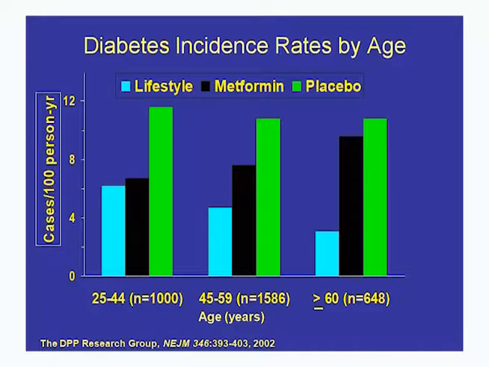When you look at people in the younger age group, 25 to 44, and you compare lifestyle with metformin, they look like they're working the same. And so one of the things that it pointed out is that maybe there are specific groups that benefit from certain therapies.